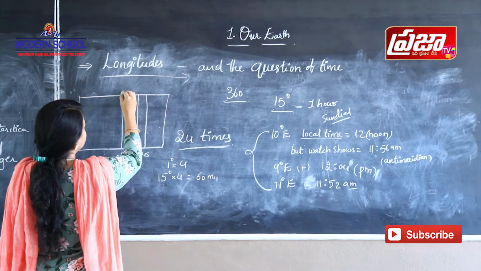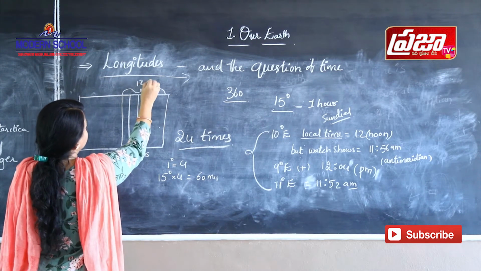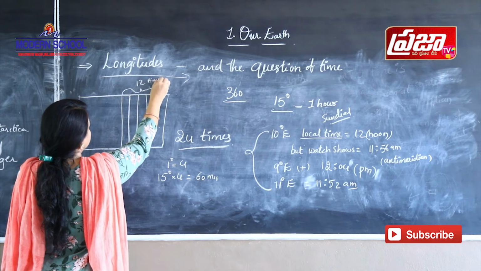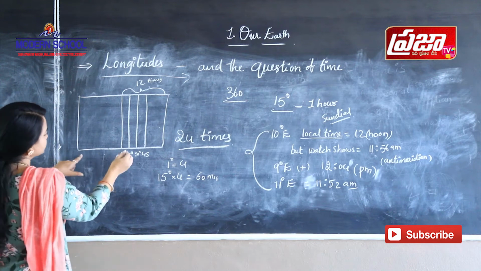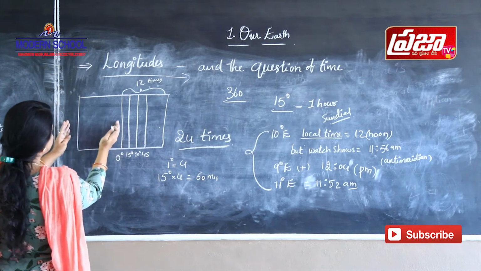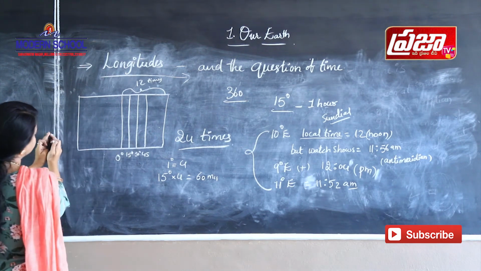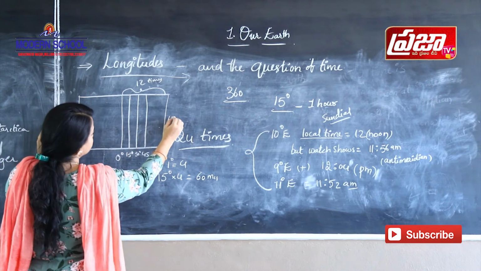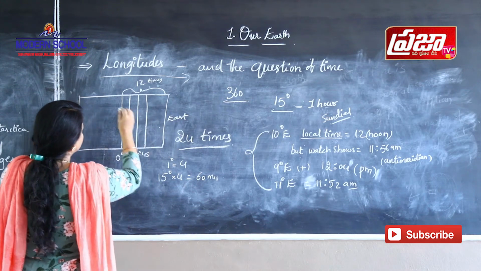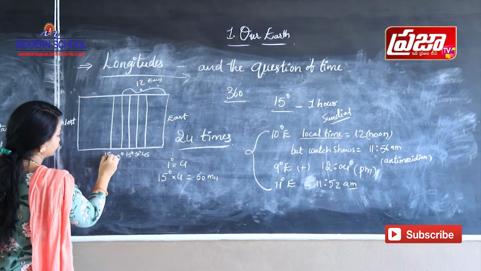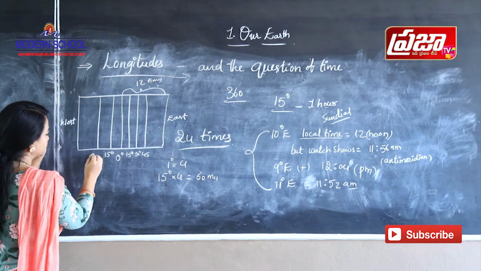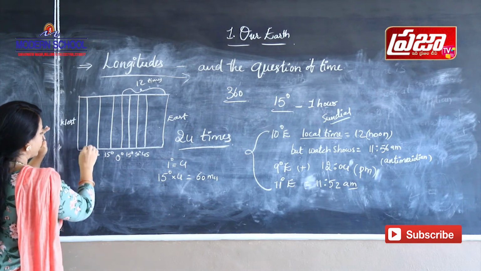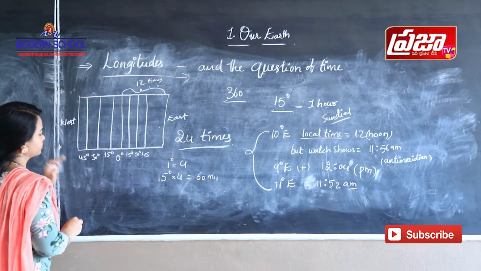Like that, here we have 12 time zones. And next, from east to west side. So here is the west part, this is the east part. Here also 15 degrees, 30 degrees and 45 degrees.